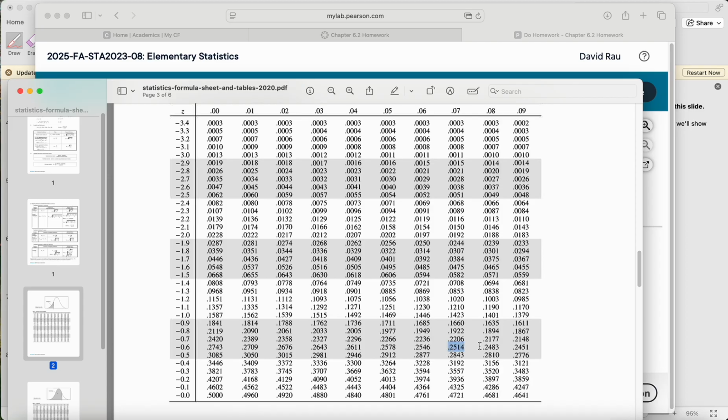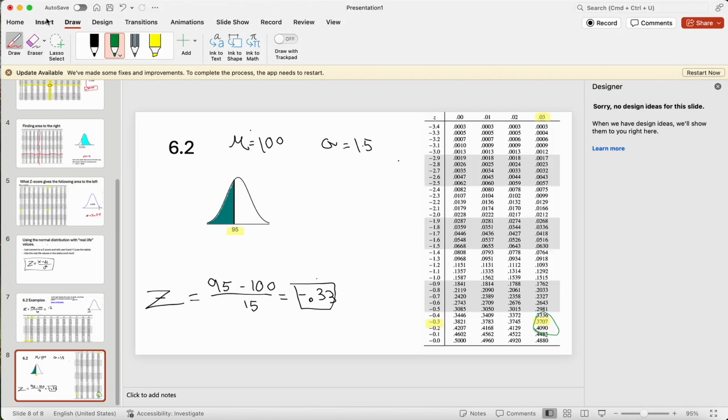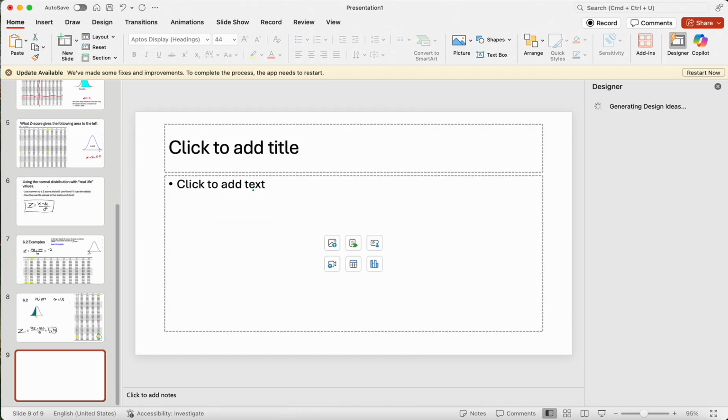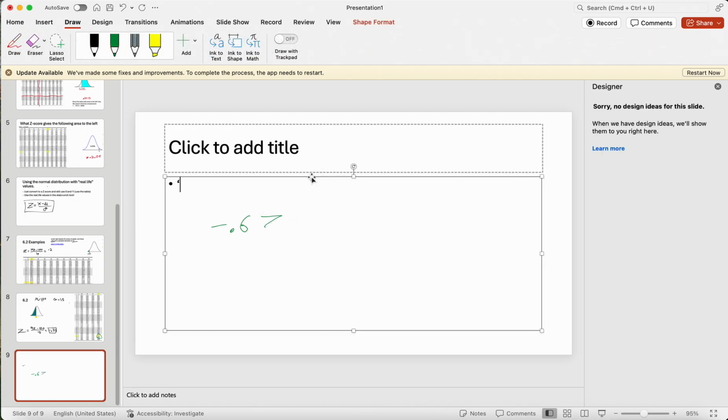It's not precise, but notice this is 14 above and this is 17 below, perfectly 0.25. So this value, negative 0.67, is your z-score. I guess I'm just doing the problem now. Can't help it. So the negative 0.67 was the z-score. Let me get those extra text boxes away.